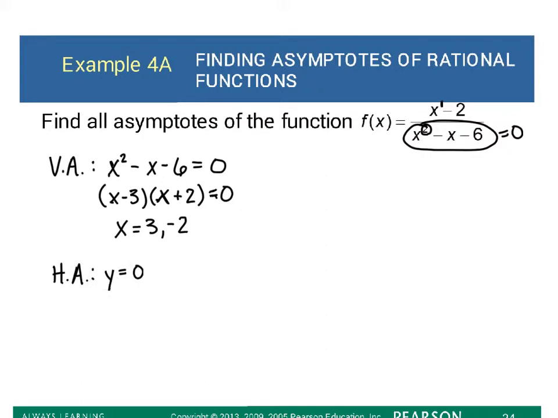That's going to be the case any time that the degree in your numerator is less than the degree in the denominator. It's horizontal asymptote, y equals 0.